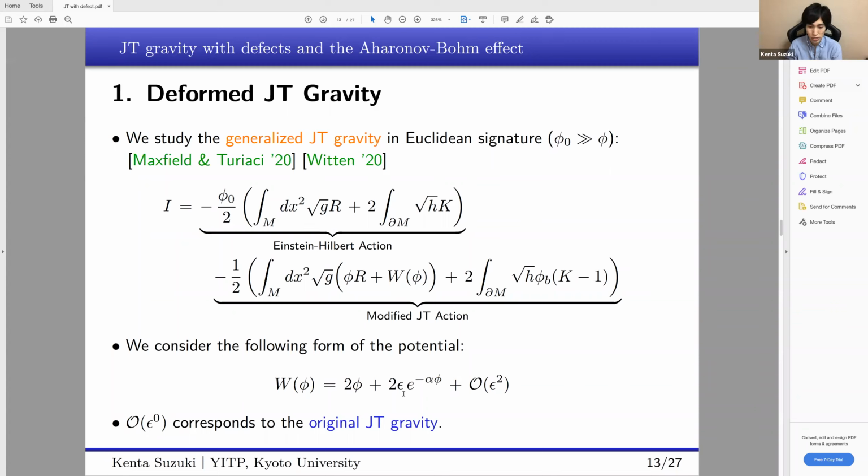But here we include an additional term which has exponential of minus alpha times this dilaton field phi. This epsilon is just a small expansion parameter, and in this talk we are interested in the zeroth order and the first order in this expansion parameter epsilon. And this alpha is related to the conical defect angle, I will explain soon.